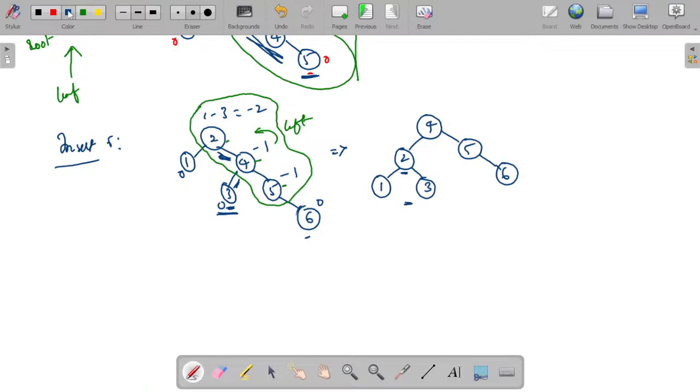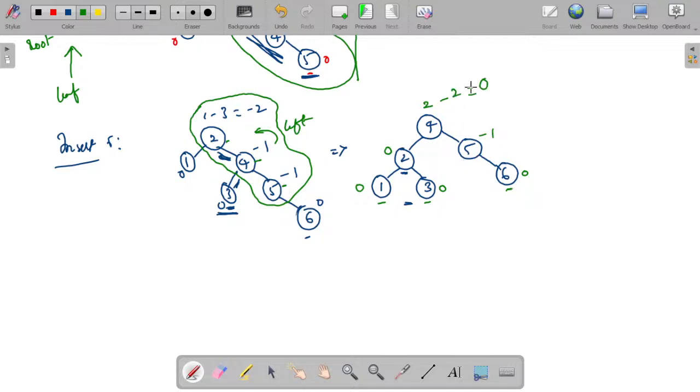Now we will see the balance factors. The balance factors go like this: 0 for leaf nodes, you don't have to compute them, and for this node it is going to be 0 minus 1, which is -1. For this it is 0 because 1 minus 1 is 0. And for this node, the deepest leaf nodes are 1 and 3 in the left subtree and 6 in the right subtree. So between this and 4, the number of edges is 2, and the number of edges to the deepest leaf node in the right subtree, 6, is 2.